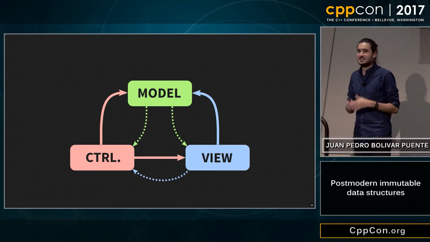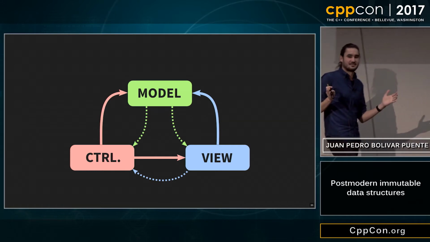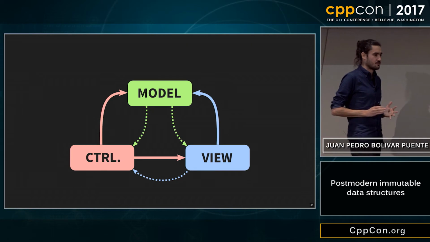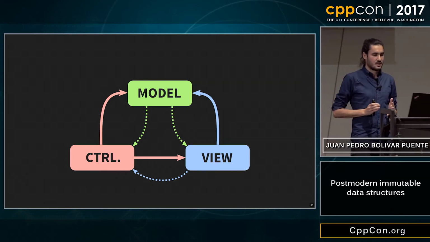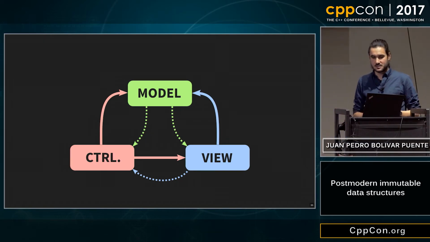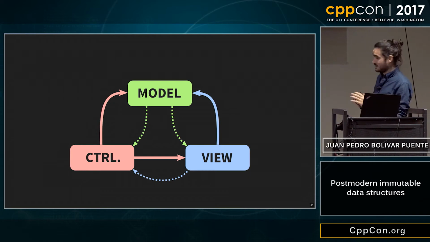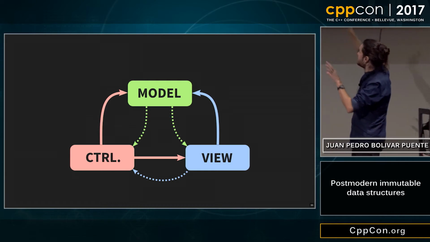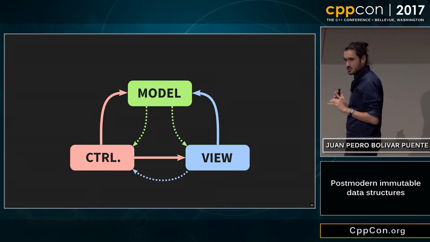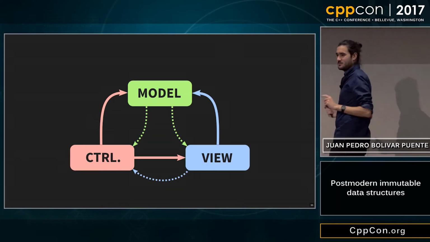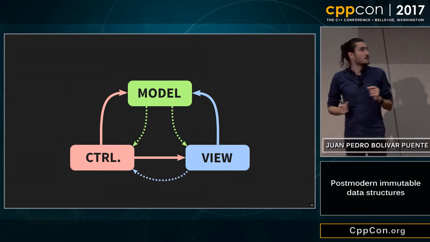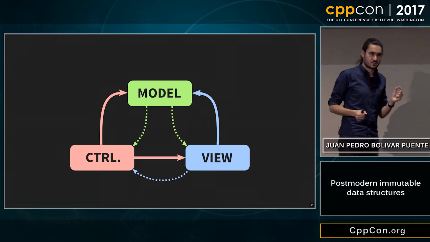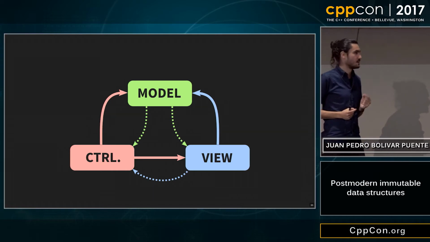This is the typical way you build an interactive application, right? Which is the model view controller architecture. This is what we were trying to get away from in the first part of the talk, right? And the reason is simple. We have this nice separation between model, view, and controllers, but we also have arrows between them. And in this picture, the solid arrows represent references, pointers, between these stateful objects, right?